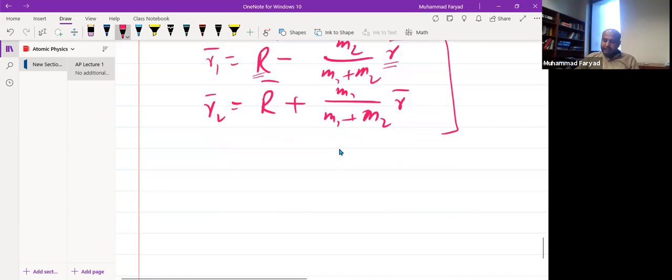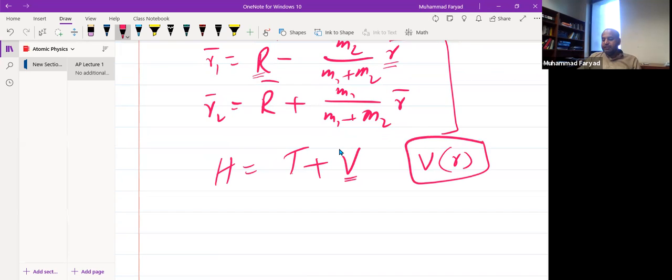Since the Hamiltonian operator invariably involves the sum of kinetic and potential energies, for potential, I have already said that we will be concerned with potentials that are a function of the relative distance between the particles. So potential is usually already given in terms of r.